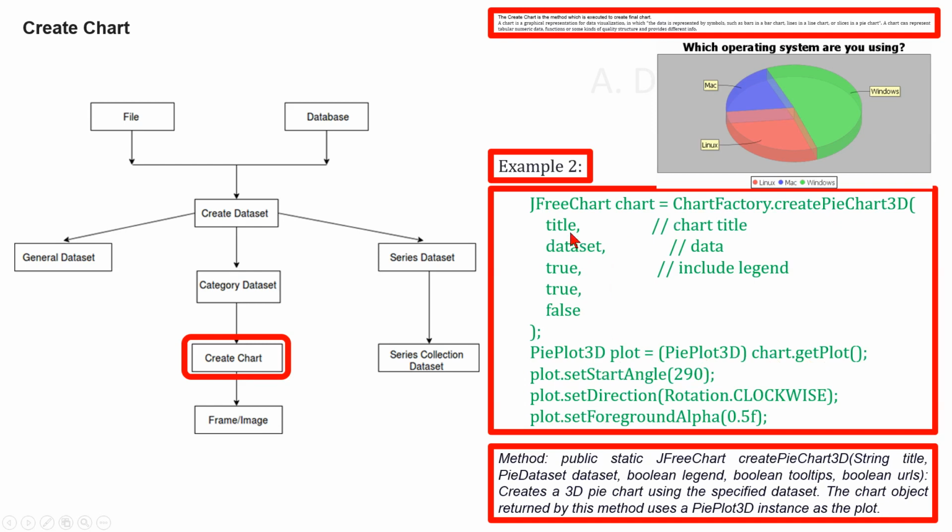Here the title, the chart title, null permitted; dataset, the dataset for the chart, null permitted. Here the legend, a flag specifying whether or not the legend is required. Tooltips, configure chart to generate tooltips. URLs, configure chart to generate URLs.